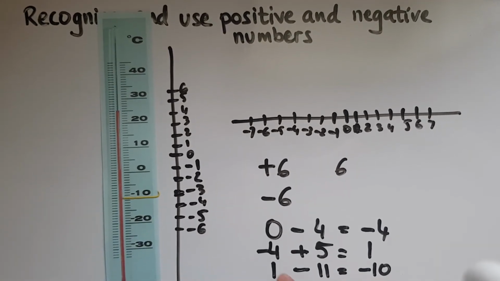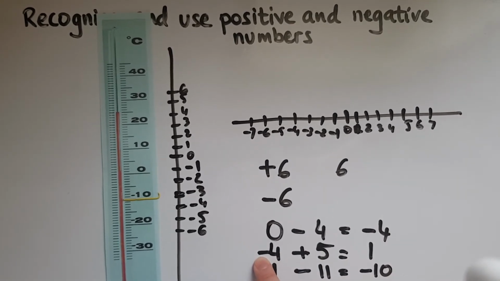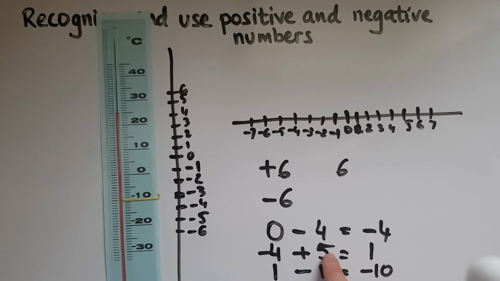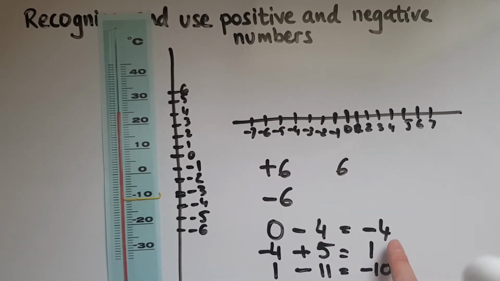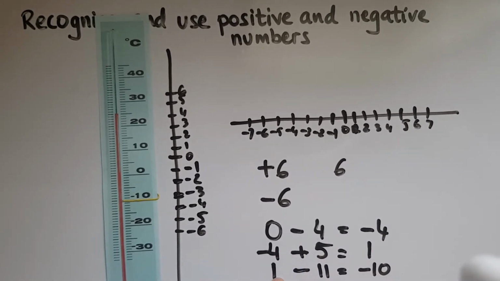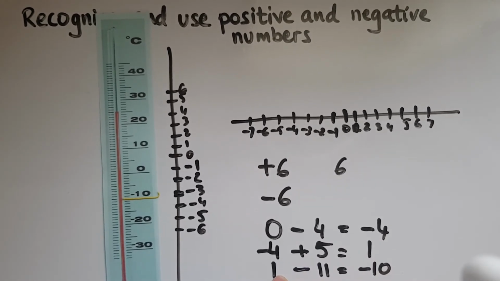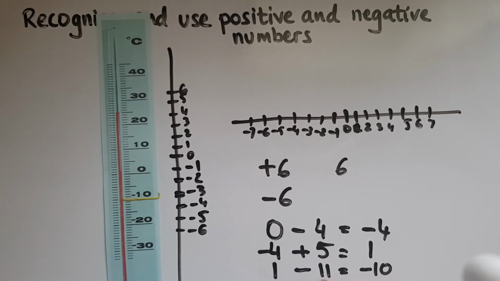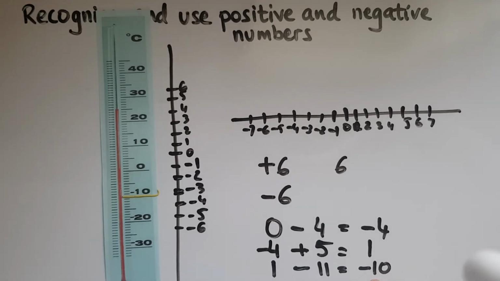And if you are at that point, overdrawn by £4, and you top it up by £5, so you add £5 to your account, what you're left with is £1, because the first 4 were used to compensate for this. And then with that £1 in your bank account, if you withdraw another 11, you end up being overdrawn by £10.